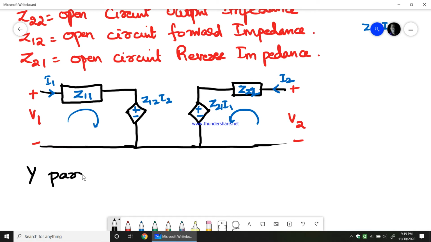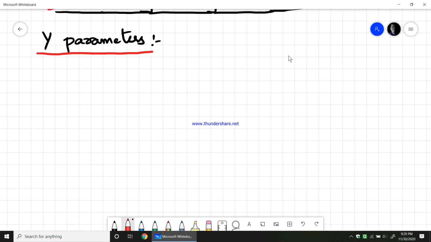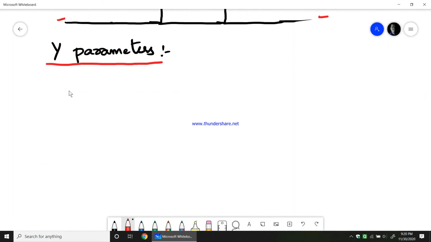Again we'll define two equations for Y parameters. You all know that Y stands for admittance, so these are admittance parameters. Therefore I1 equals y11 v1 plus y12 v2.